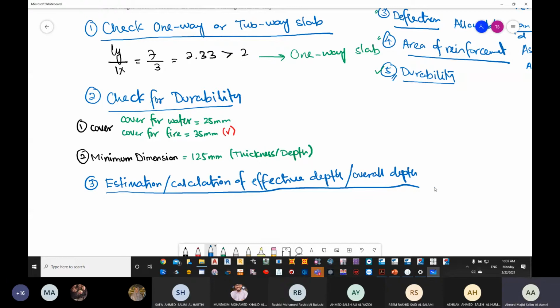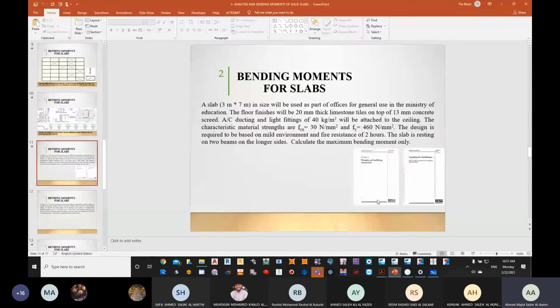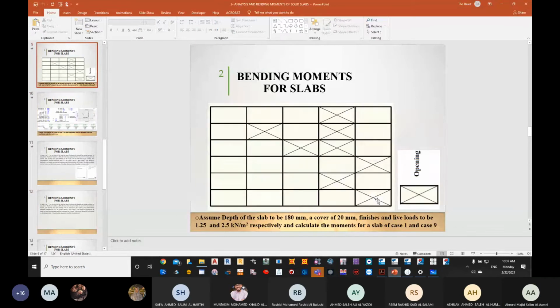Now, you can see in the previous problem that we have solved, the depth has been given. The overall depth has been given. So if I want to calculate the effective depth, then the effective depth will be calculated directly from the overall depth.